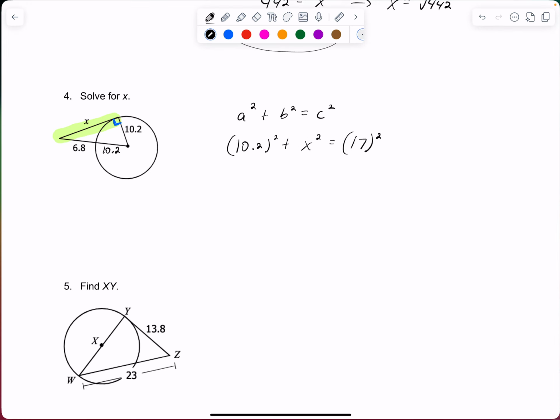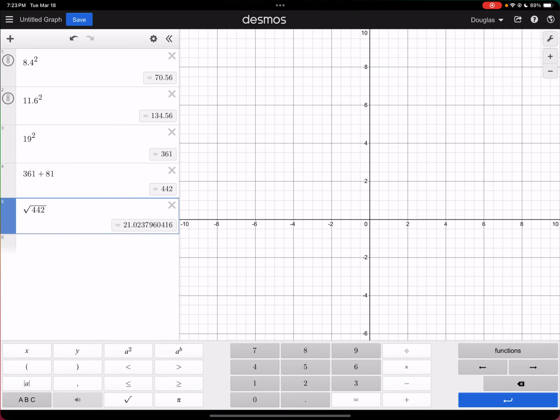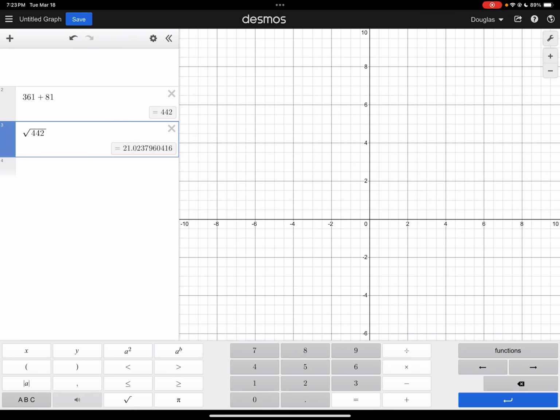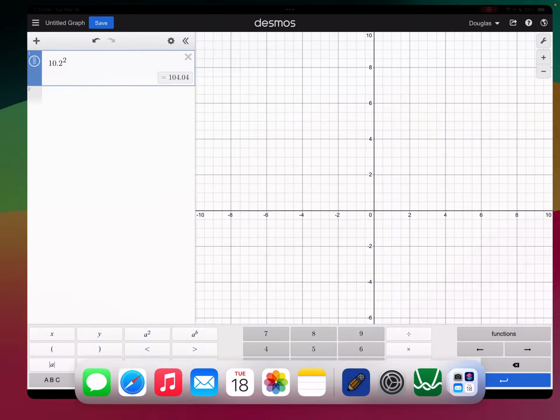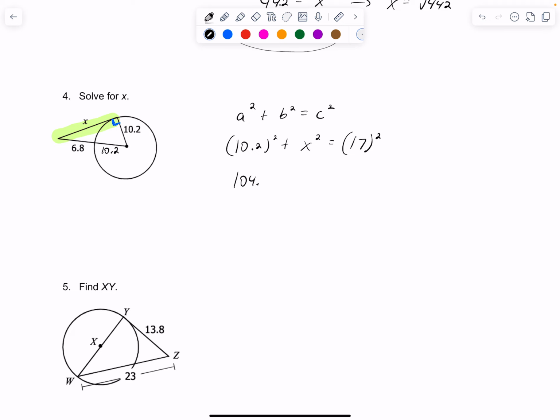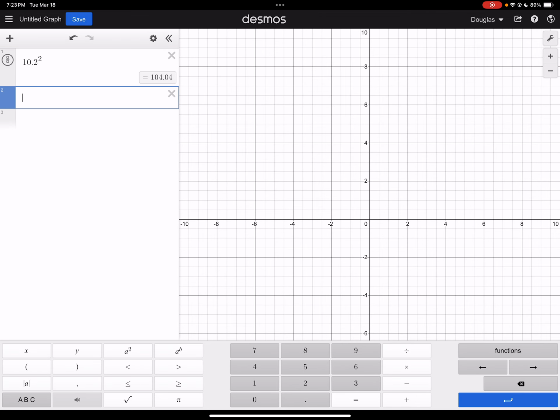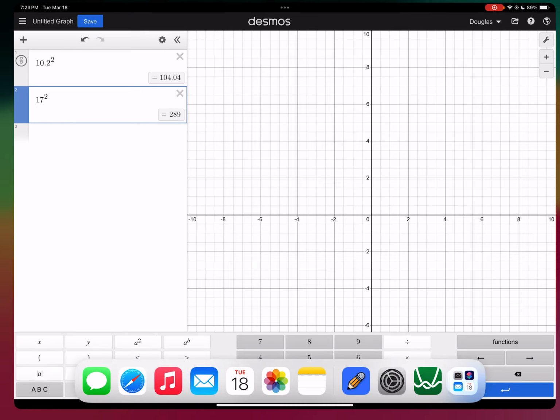So 10.2 squared is going to be 104.04 plus my unknown squared. 17 squared is 289, I believe. I'll confirm. Yes, 289.